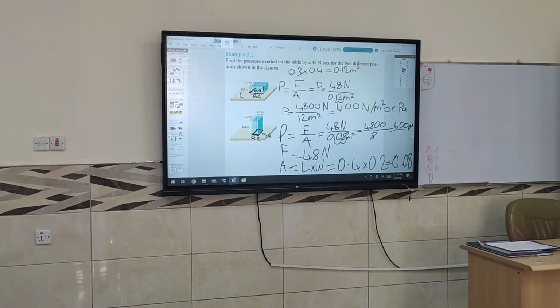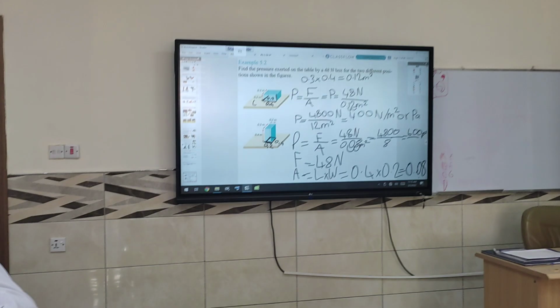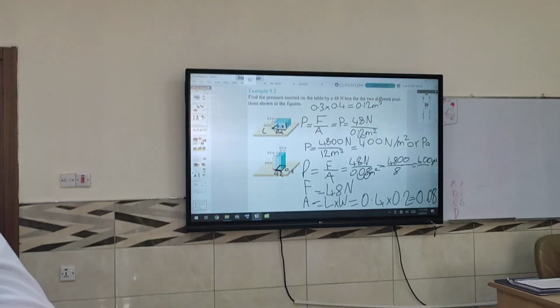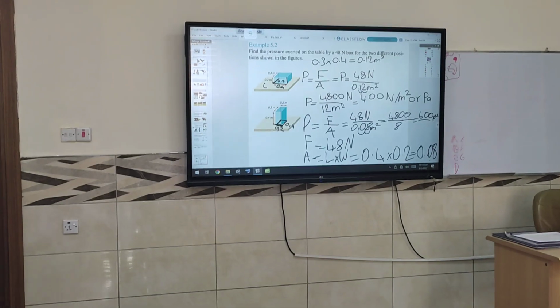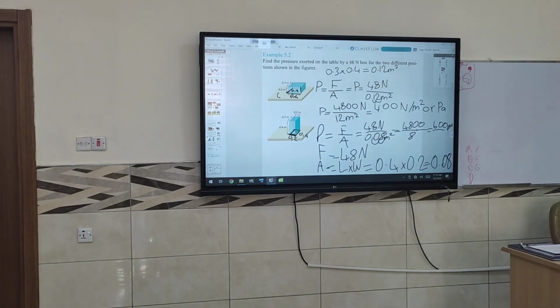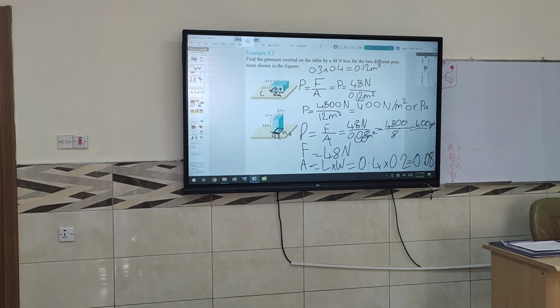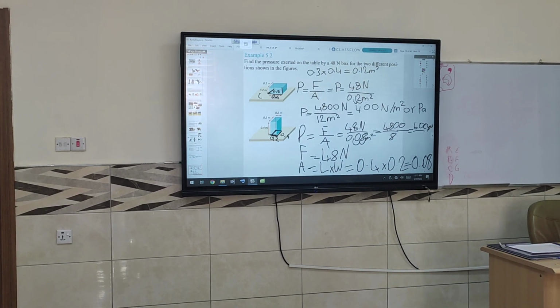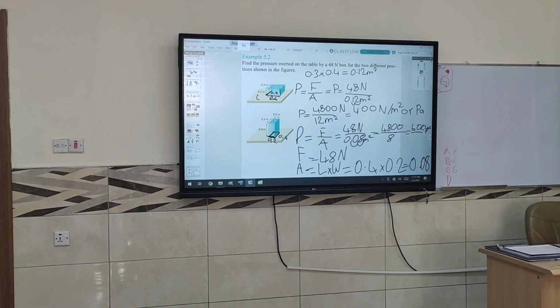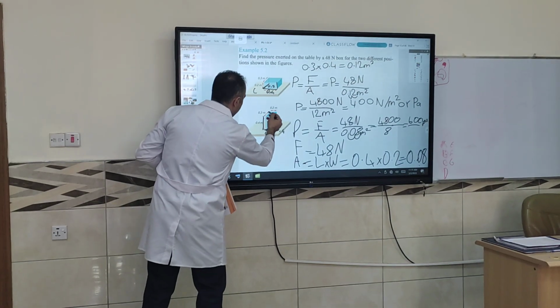Teacher, the solution is 800, not 600, because 0.3 times 0.2. In the book there is a mistake, I think. Okay? Sorry, it was my mistake. This is height and this is width.